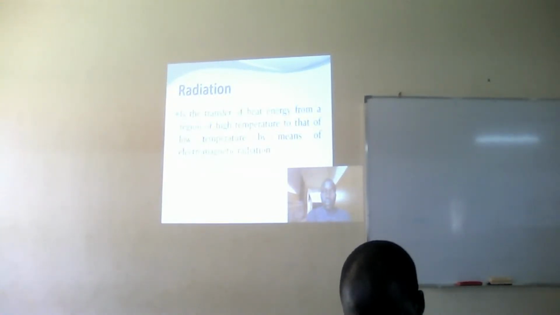This term which we have written here, electromagnetic radiation, means a process of heat transfer which does not involve any medium, or transfer in a vacuum. What I want you to understand is that the transfer takes place even in the absence of any medium.